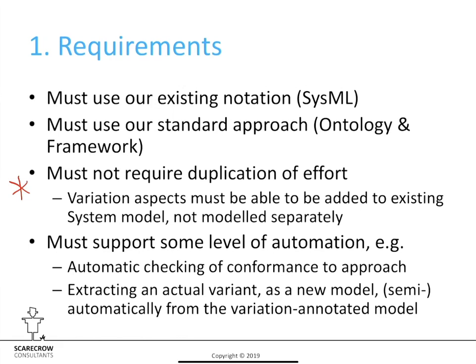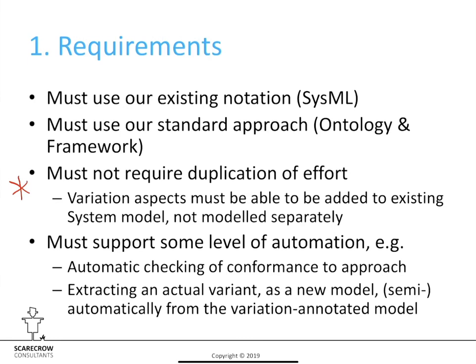And I've put semi-automatically there because the ultimate aim is to do it completely automatically, but there are tool limitations around some of the issues, particularly in the tool that we were using. There were some things that in theory should be able to be automated, but the API on the tool wouldn't allow us to do that. So we had a bit of manual intervention, but it probably did about 95% of the work for us.